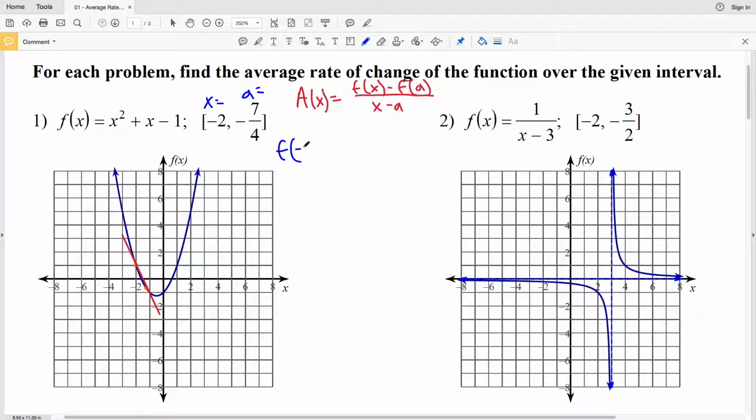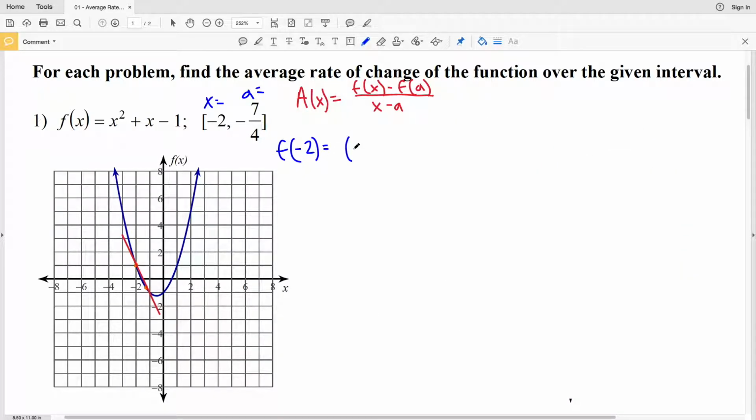So f of x is going to be f of -2, and that's going to be -2 squared plus -2 minus 1, plugging in -2 for x. -2 squared is going to be a +4, and then we're going to be adding -2 and then subtracting 1. 4 plus -2 is going to be +2, and taking away 1, that will be a +1. So f of -2 equals +1.